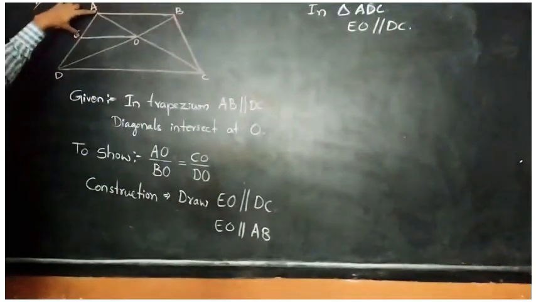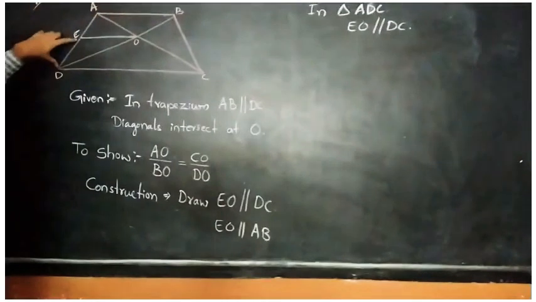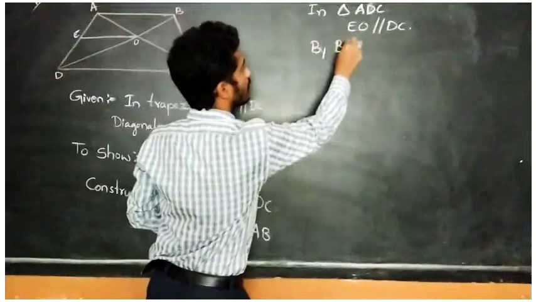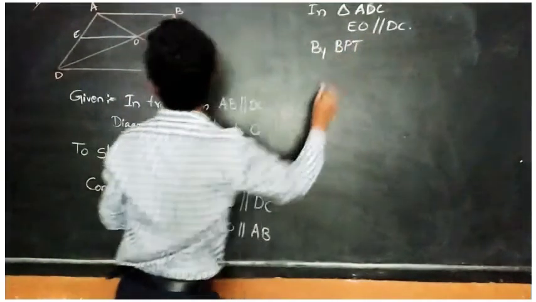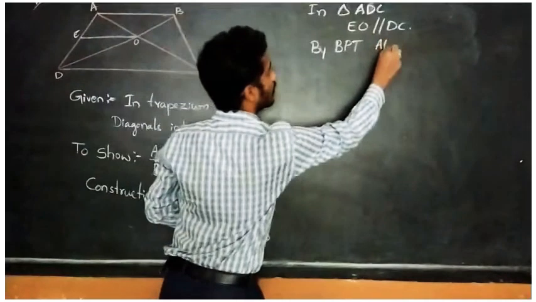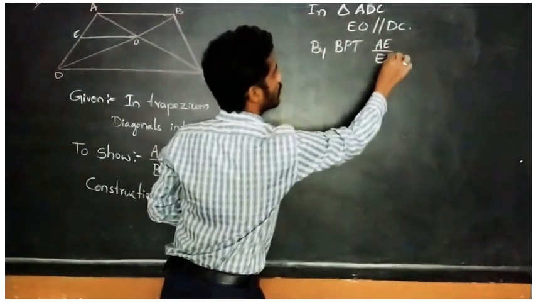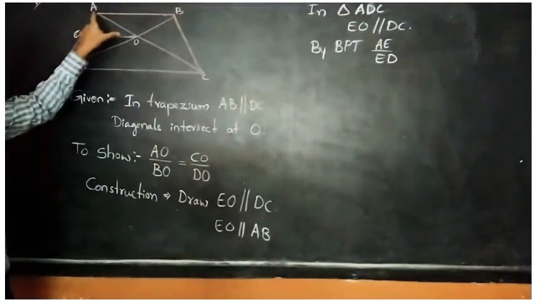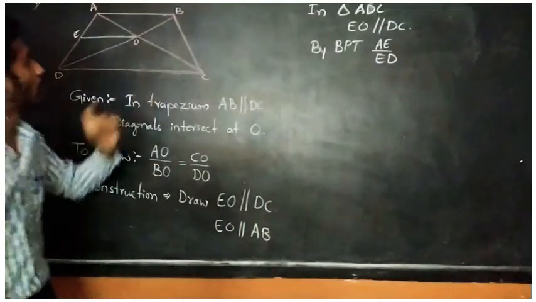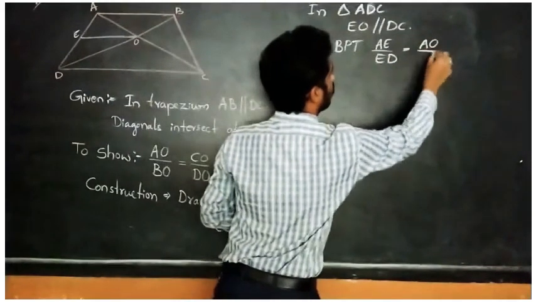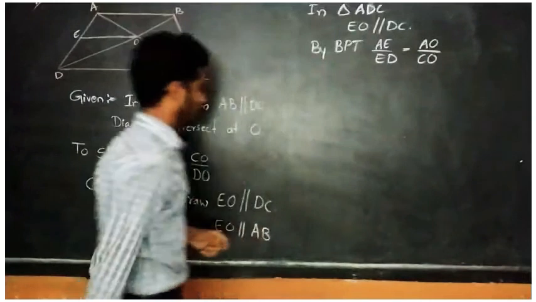We will get, by BPT, AE by ED equal to AO by OC, that is AO by CO. Let's call this equation 1.